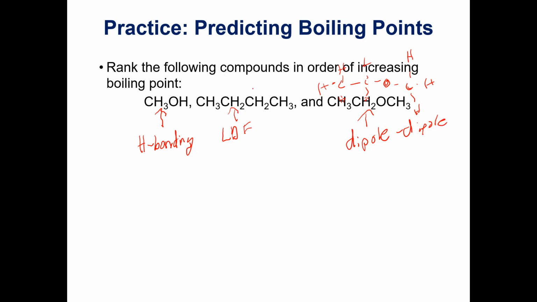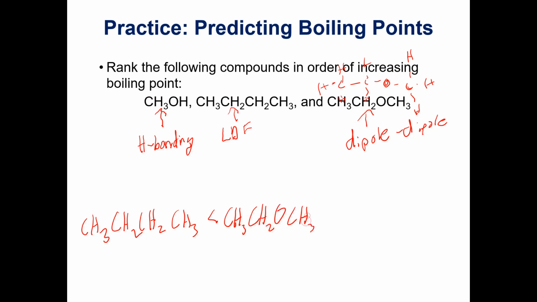London dispersion is the weakest intermolecular force, and it's going to be the easiest to overcome, which means that CH3CH2CH2CH3 is going to be the lowest boiling point, followed by CH3CH2OCH3, and then finally followed by CH3OH, which has hydrogen bonding.